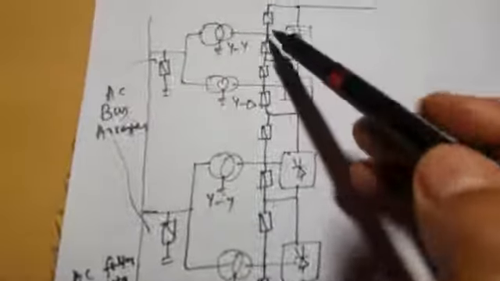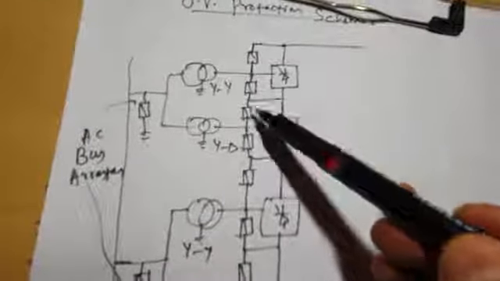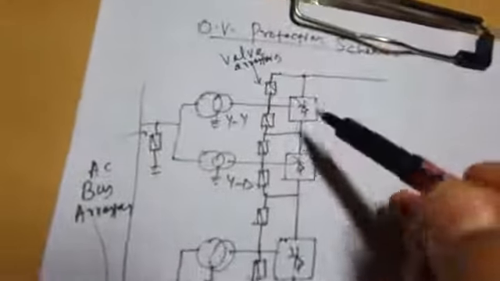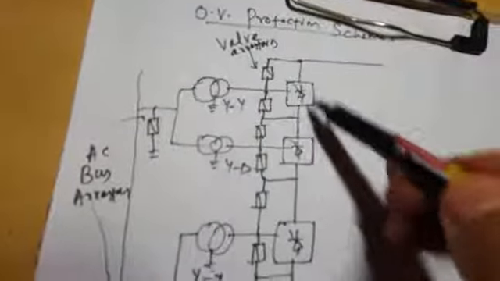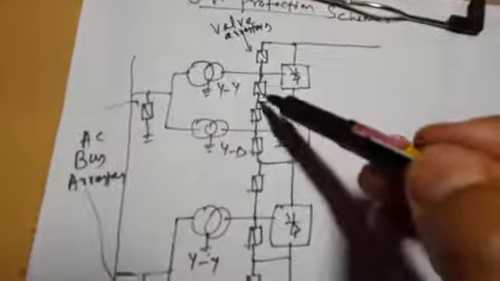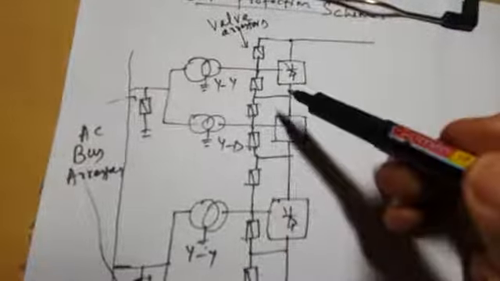Okay, these are all lightning arrestors, and they provide protection to these valves. So they are called valve arrestors. I will write here valve arrestors. They provide protection to converter station valves. These converters comprise valves, so they provide complete over voltage protection to valves.